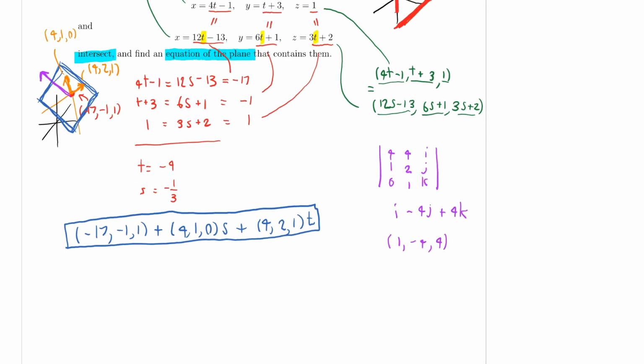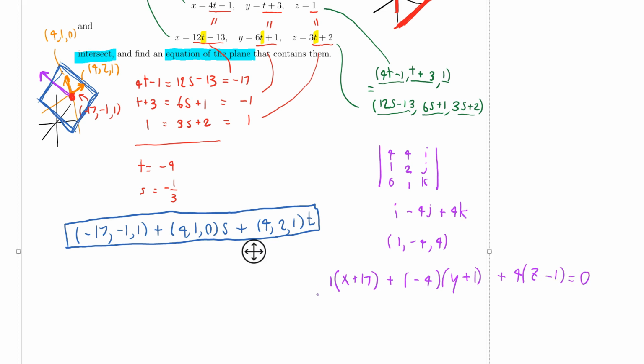So now I can conclude that the equation for this plane is going to be 1 times x minus the x coordinate here, which is x plus 17, plus -4 times y minus the y coordinate of my red point, y minus -1, so that's y plus 1, plus 4 times z minus 1 equals 0.